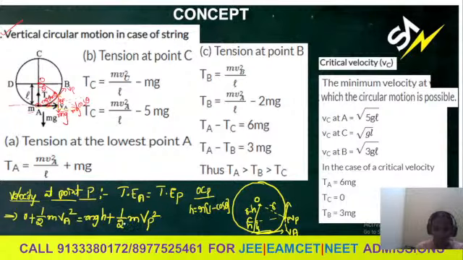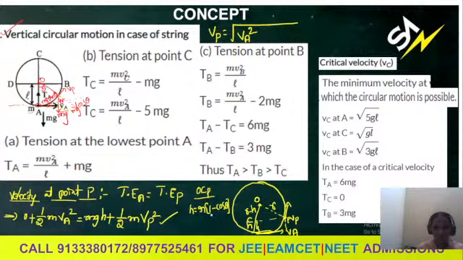Now, see, I'm explaining first what will be the velocity, then we go to the tension at different positions. So I'm writing up the main equation, velocity at any point in its vertical circular motion. So velocity at a point P, if you simplify this equation, we will get it as under root of VA square minus 2GH.